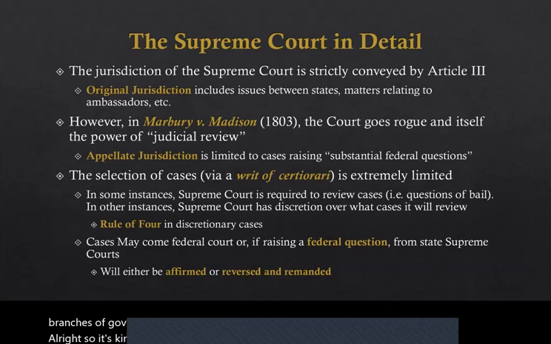And I would argue that they are probably the most powerful branch of government because the only way to overrule a decision made by the Supreme Court of the United States is to pass a constitutional amendment, or the court can overrule itself. That's it. That's the only way you're getting out of a Supreme Court ruling. So that's the extreme power that it gave itself in Marbury versus Madison.